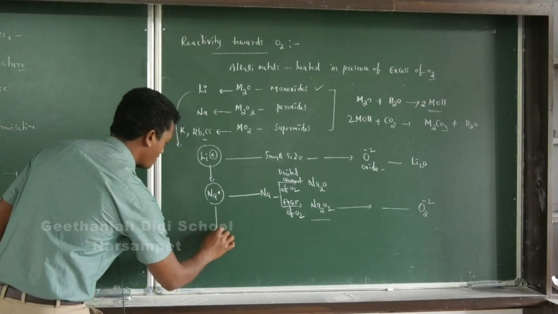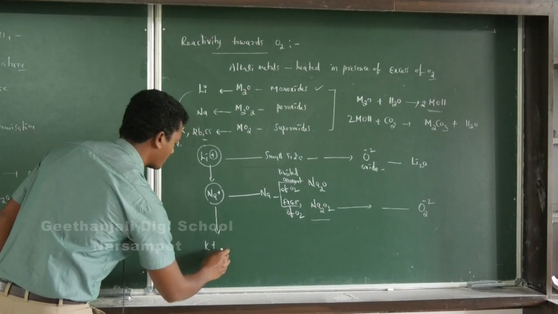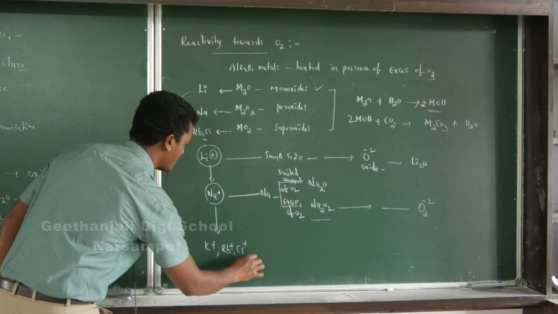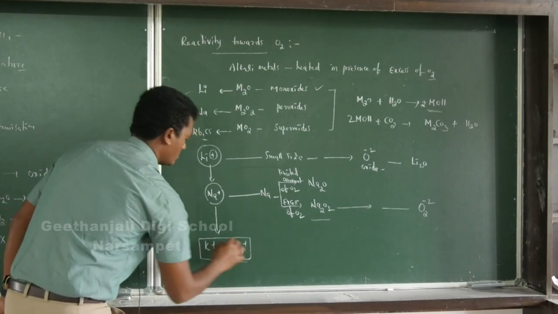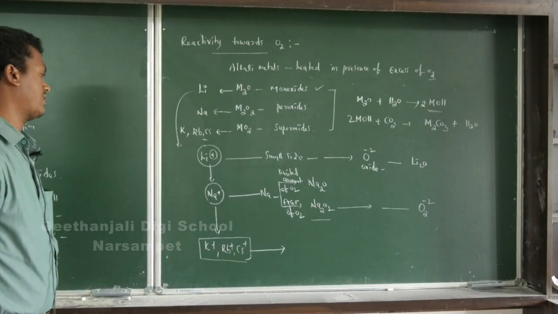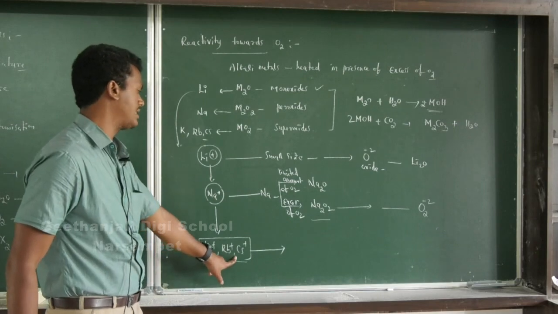And from sodium plus onwards, the other univalent positive ions like K plus, Rb plus and Cs plus, due to their very large size, have very low positive field around these large sized ions.